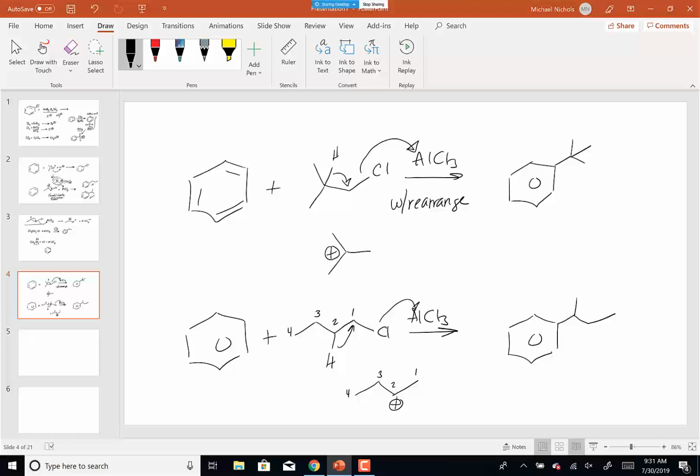We can't use Friedel-Crafts alkylation in order to do this because that alkyl group will always rearrange. And then any other alkyl group might rearrange as well, following the rules. One shift to form the most stable carbocation, or more stable carbocation. Okay?